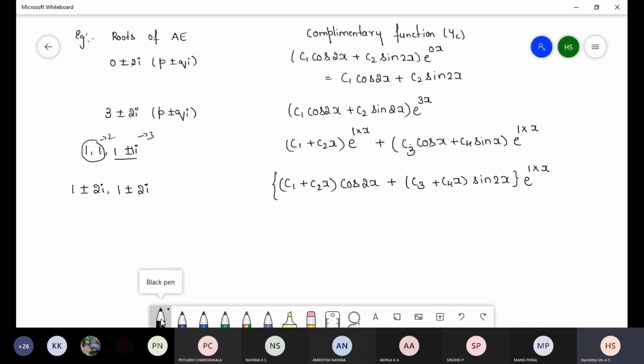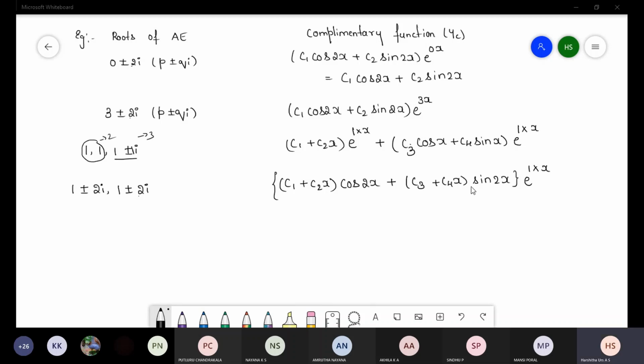Yes, any doubt in these 3 cases? Yes, any doubt? Shall we move to the problems?